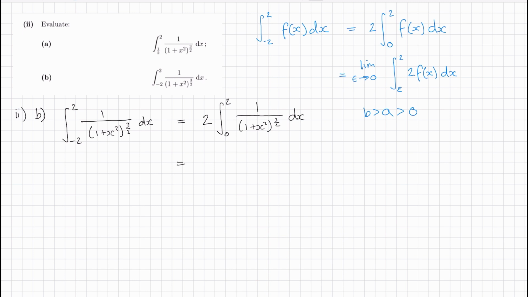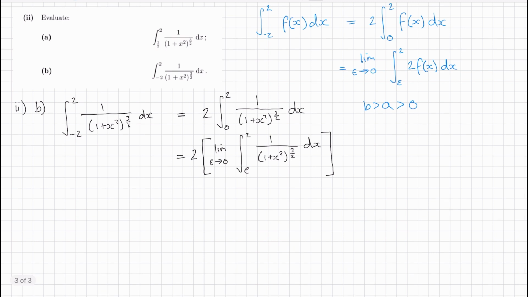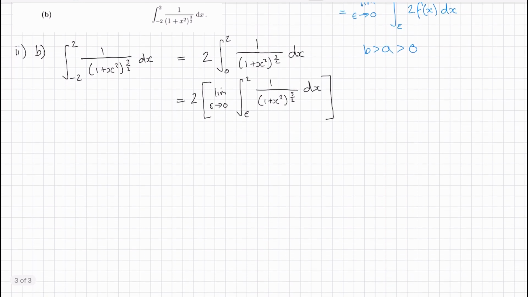So we've got 2 times the limit as epsilon tends to 0. Now that is the form, but we know that this changes into the t world.